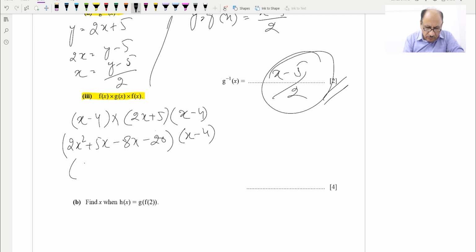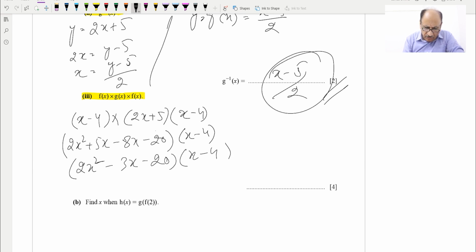Now adding the like terms, 2x square, and 5x minus 8x, so minus 3x minus 20, into x minus 4.